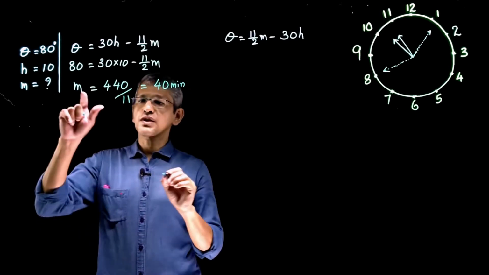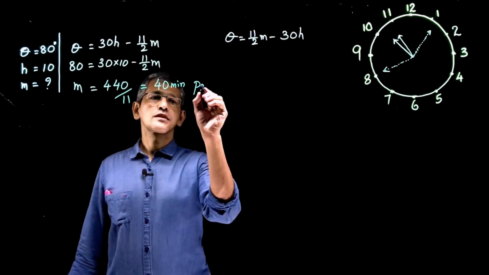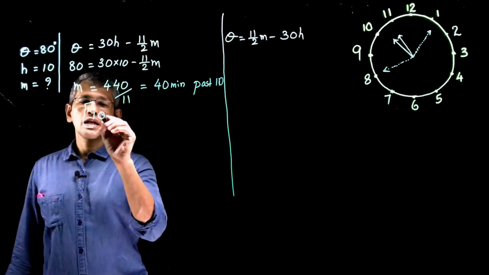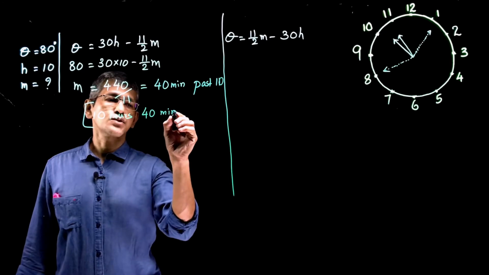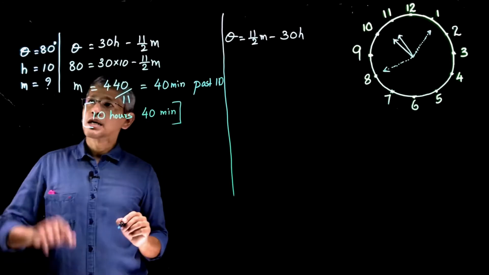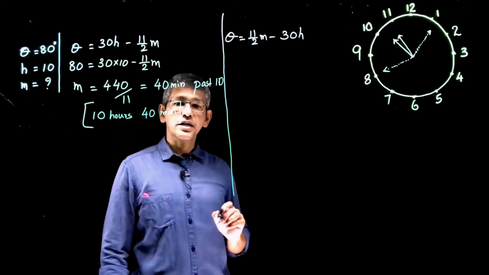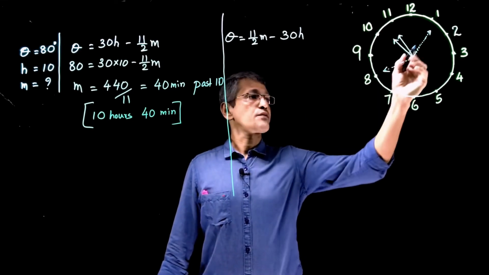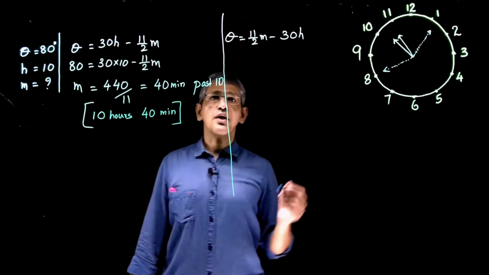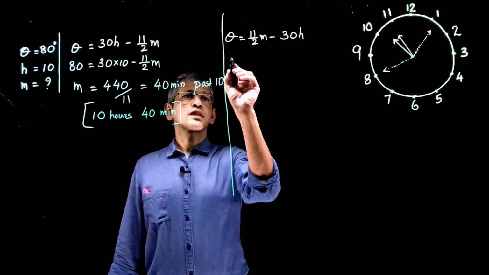So m is equal to 40 minutes past 10. Well, 10 hours, 40 minutes. That is where the two hands of the clock make an angle of 80 degrees. Alright, so we have one more possibility. 10:40 is already here, and we need to find the other possibility. So let's try the other formula.